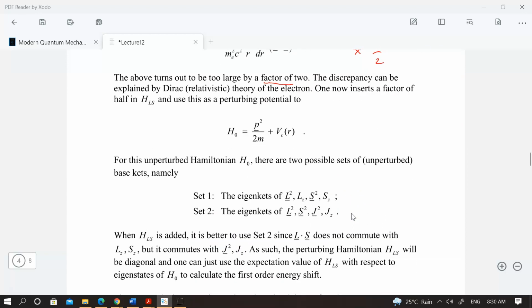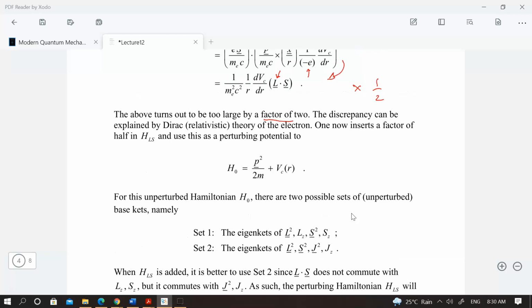One of the things we want is the eigenstates of this H naught. But you have to remember that your H naught, in this particular case, just involves your orbital angular momentum, while the perturbing part will involve your spin.